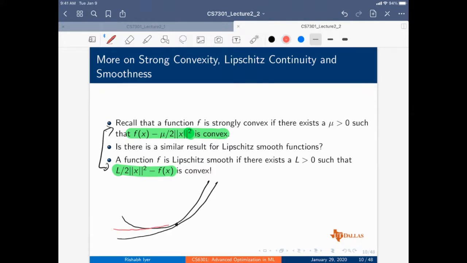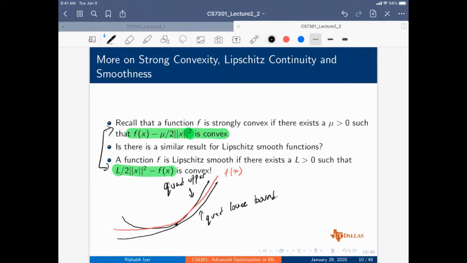So essentially, the intuition, we'll see this intuition again, is that if this is f of x, it means that there is a quadratic upper bound and there is a quadratic lower bound everywhere. So I think this is critical.